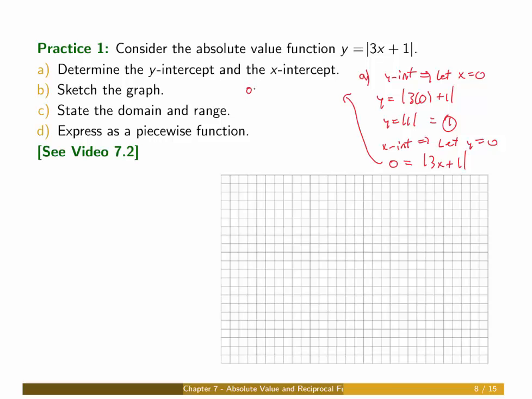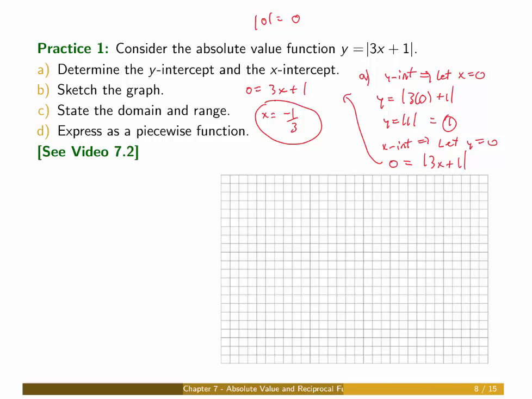So we can rewrite this as 3x plus 1 equals 0. And this is because the absolute value of 0 comes out to be 0. And since this is an equal sign, this will imply that we can drop the operation on 3x plus 1. This will allow us to do a very simple procedure, a little solving, and we get our x-intercept to be negative 1 over 3. Okay?